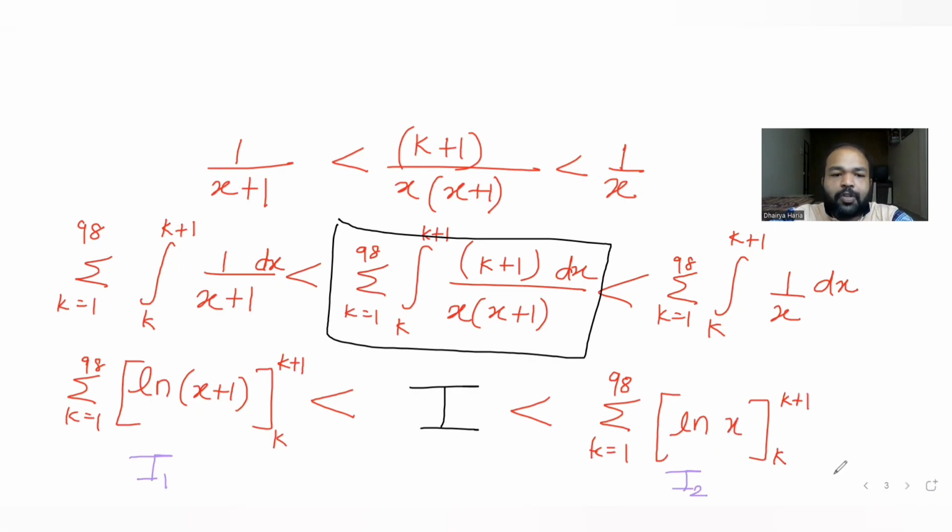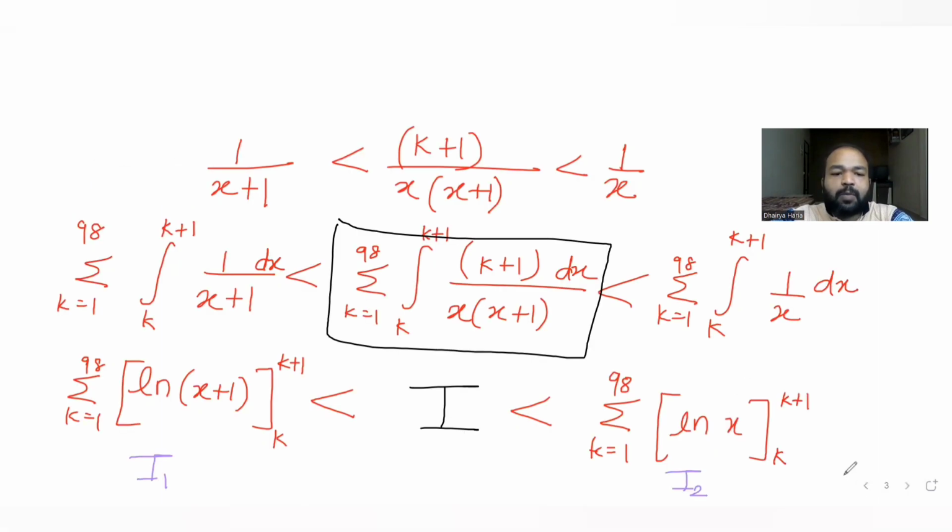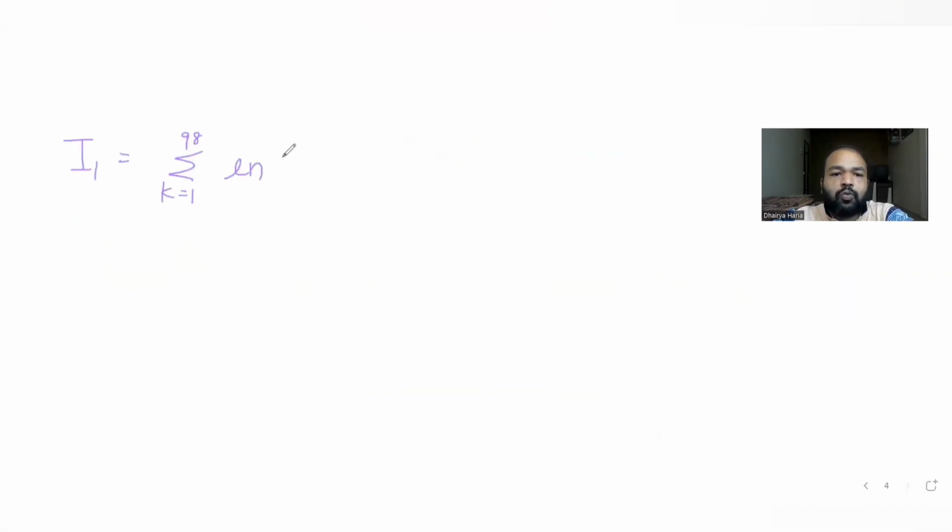which is summation of k equal to 1 to 98, natural log of x plus 1. So if I substitute the upper limit as x as k plus 1, it becomes log of k plus 2 minus log of k plus 1. If I put those values inside in here, I get that becoming k equal to 1 to 98.